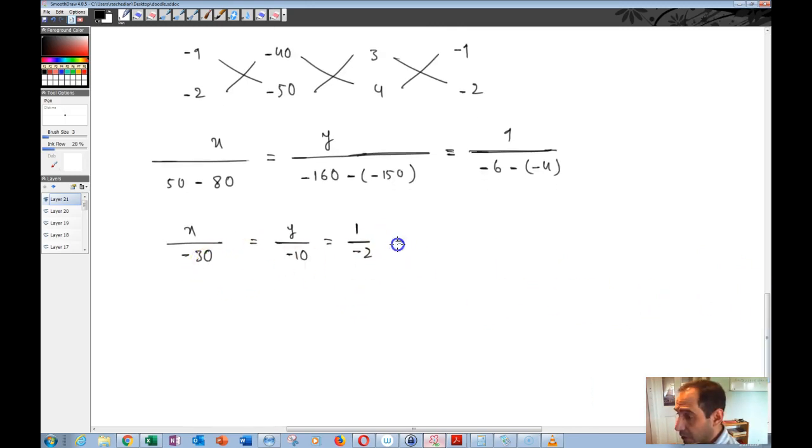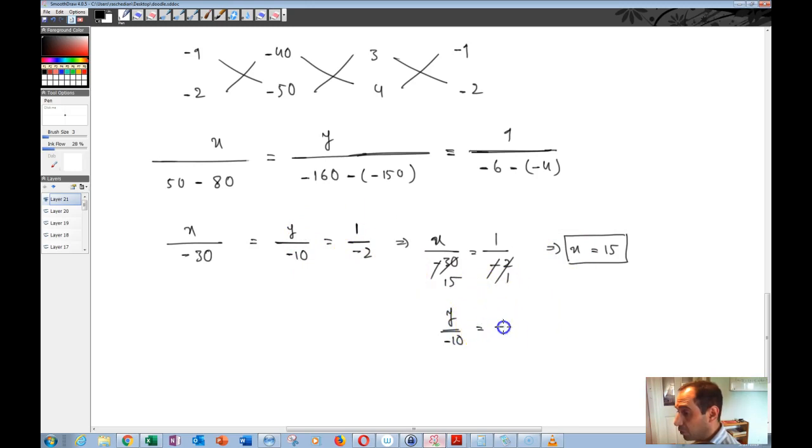So x over negative 30 is equal to 1 over negative 2. You can cancel out, divide by 2, and you get 15. So x is equal to 15. And y over negative 10 is equal to 1 over negative 2, so you cancel out and get 5.